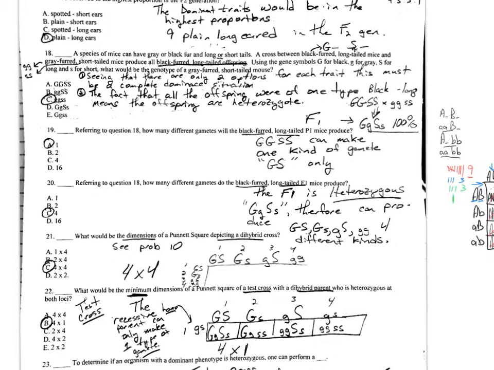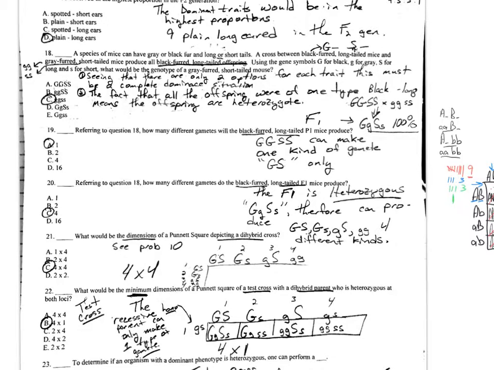Question 19 says, referring to question 18, how many different gametes will the black-furred, long-tailed mouse produce? That means in P1, the parental generation. How many different gametes will it produce?